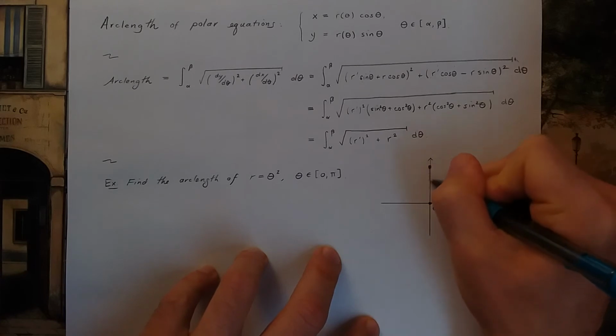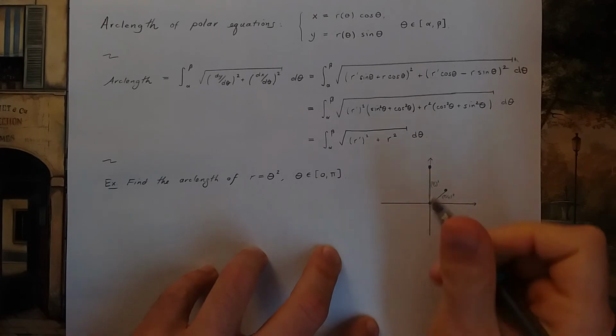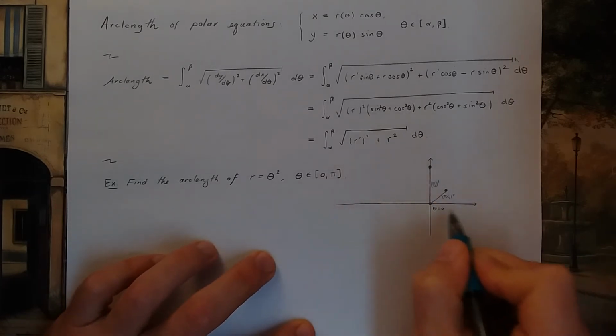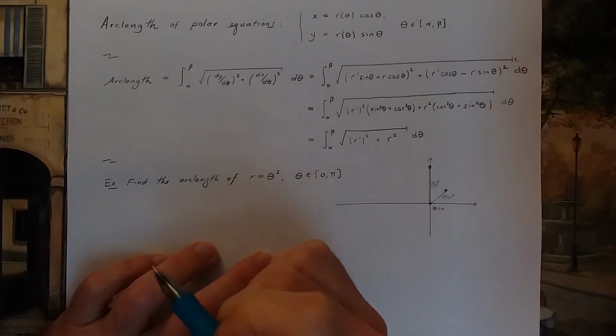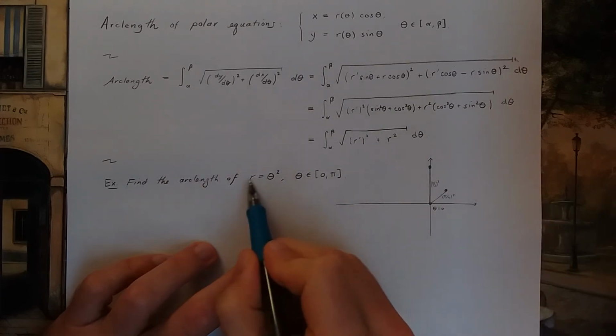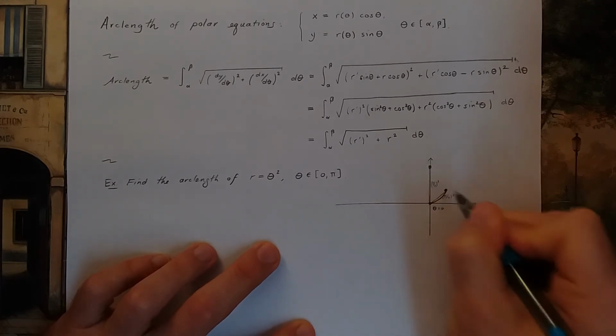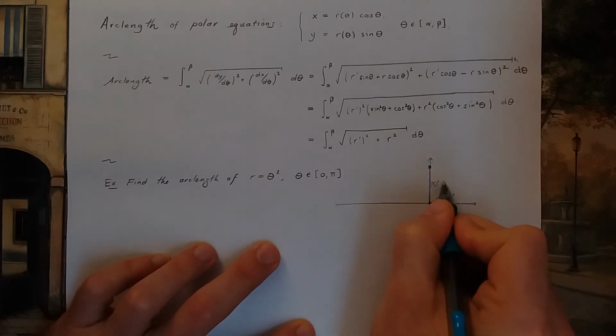So here's a height of pi over 2 squared. And as the angle theta increases, the distance away from the origin also increases. You're getting kind of like a spiral shape with this problem.